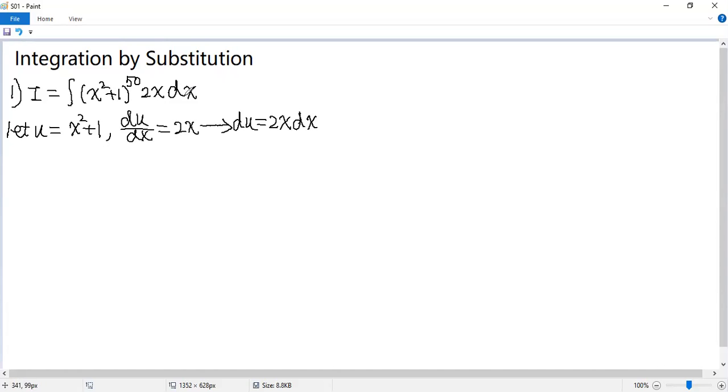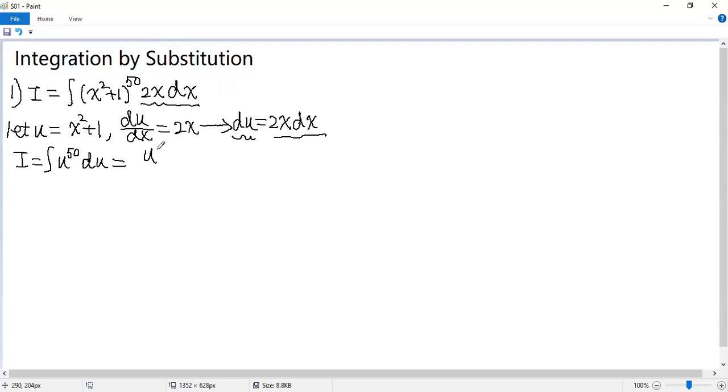Now the given indefinite integral becomes the integral of, this part, just u, so u to the 50, and then 2x times dx actually equals du. We know the antiderivative.